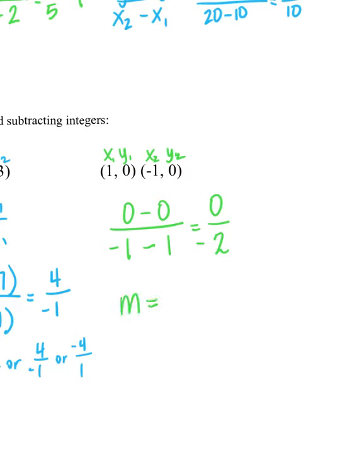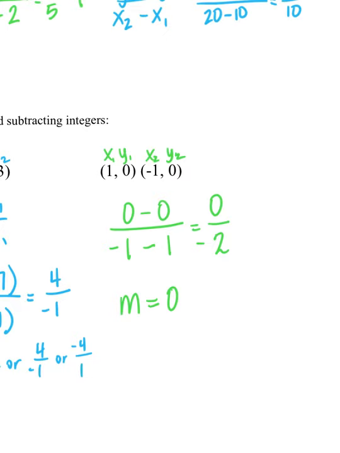M equals, put that in your calculator, 0 divided by negative 2. Zero. So that means our slope is 0. So what did we learn yesterday about a 0 slope?